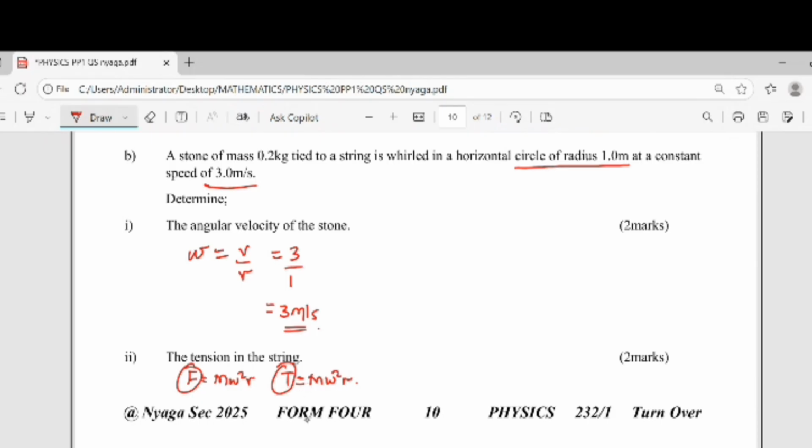Therefore our mass here is 0.2, so our T will be 0.2 kg, you multiply by omega squared, which will be 3 squared, times a radius of 1, and this will lead us to 1.8 newtons, a tensional force of 1.8 newtons.